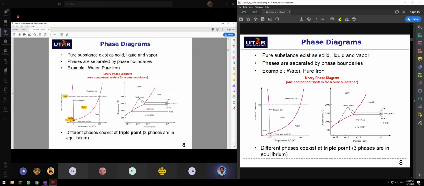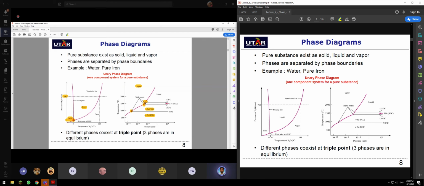Okay, same goes for this, which is ferrum, iron. All right, so for iron, you have triple points here. Here it means that iron can exist in solid alpha, and also vapor at this line. And iron can be in solid gamma, and also vapor over here.